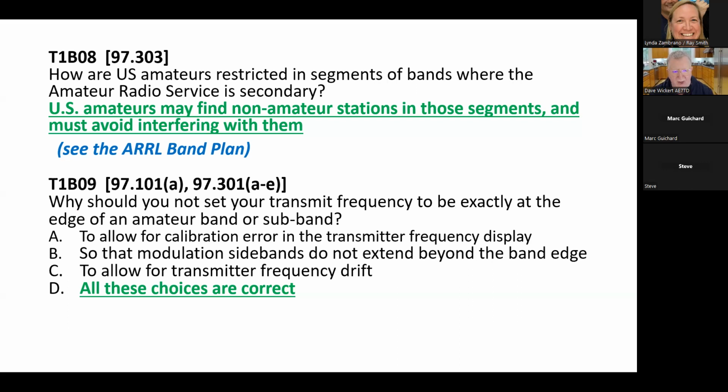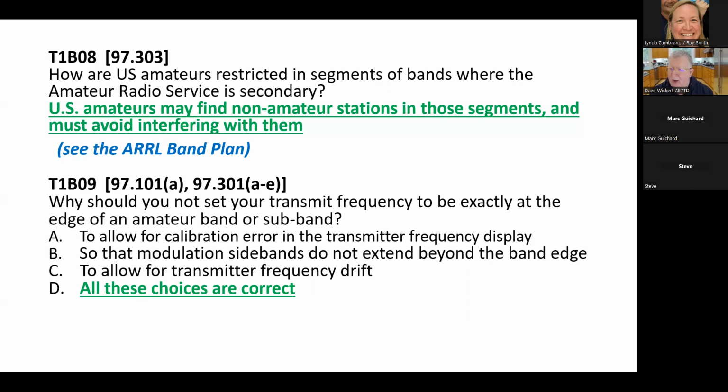And the third thing that can happen, particularly in the old days when everything was tubes rather than solid state devices, is frequency drift. As the tube in your transmitter would warm up, it would start drifting off from the frequency that you had it set for.